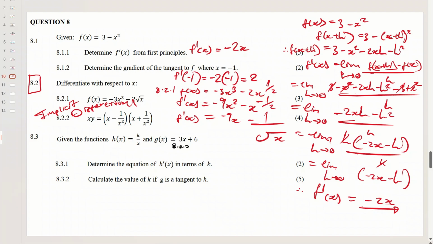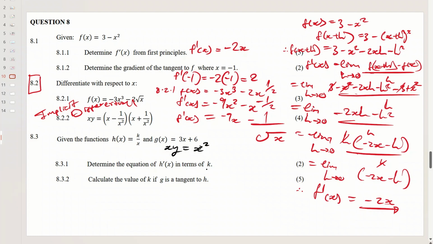So 8.2.2. Before dividing, we have something here. This is the same as xy equals x squared minus 2 plus x to the -4. Guys, if you don't understand what I'm doing here, please try it on your own and see if you get the same answer.